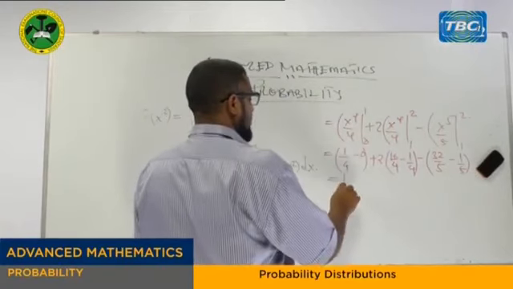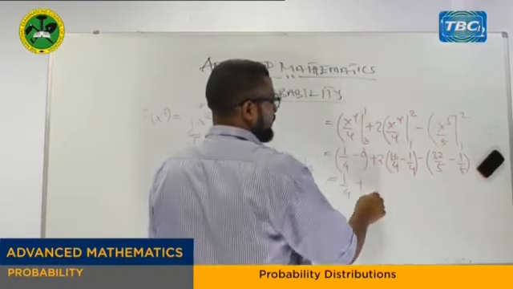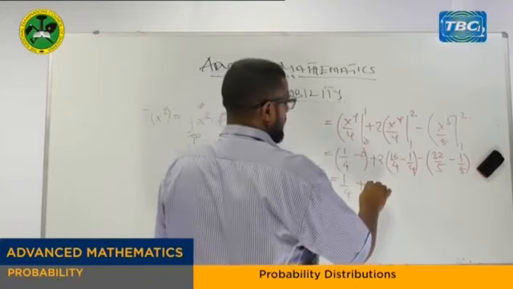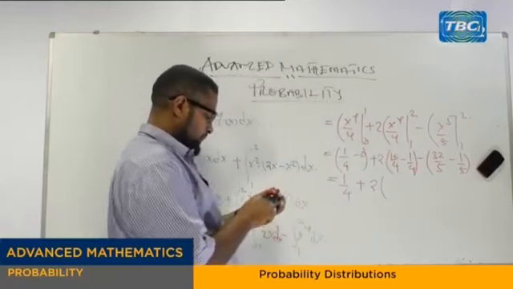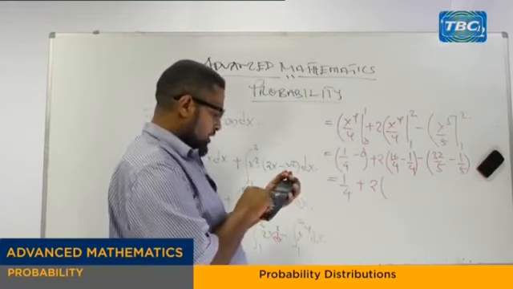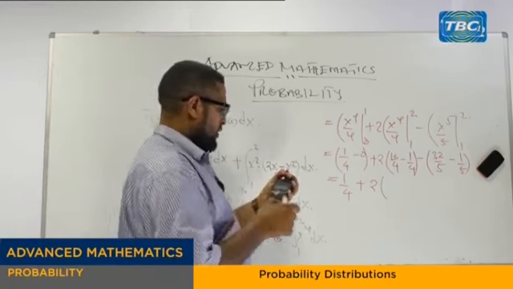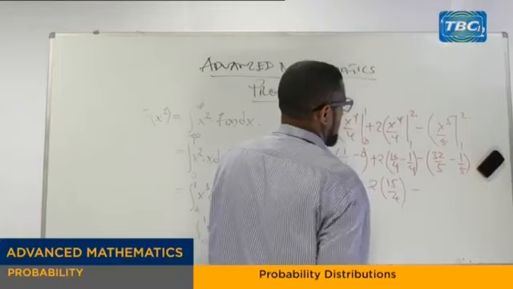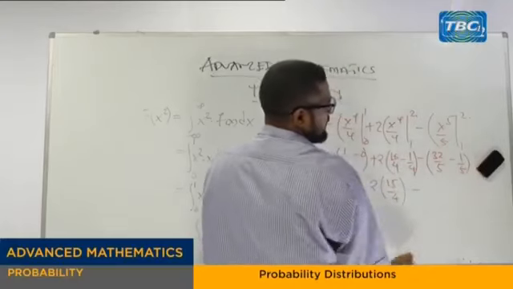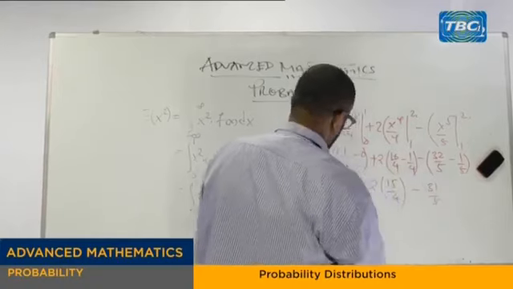Simplify, we have 1 over 4 plus 2 times, 16 over 4 is 4. So when you take 4 minus 1 over 4, you get 15 over 4. Then minus again, because the denominator is the same, writing 31 over 5.